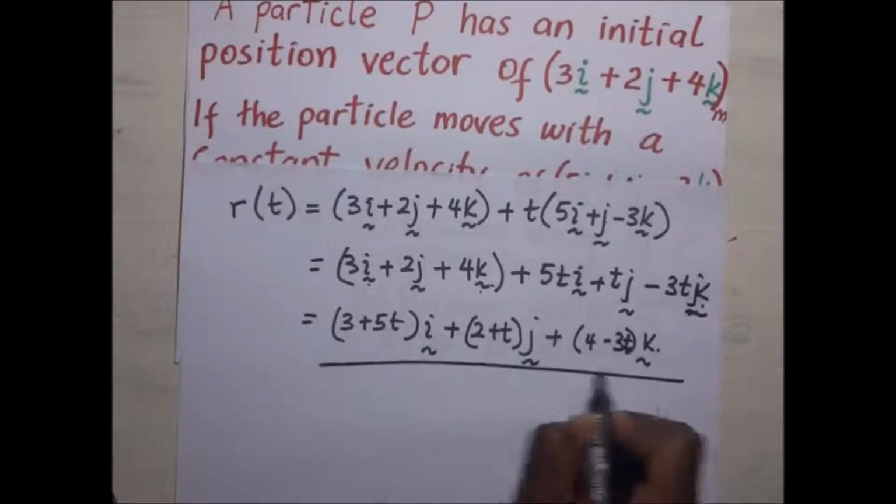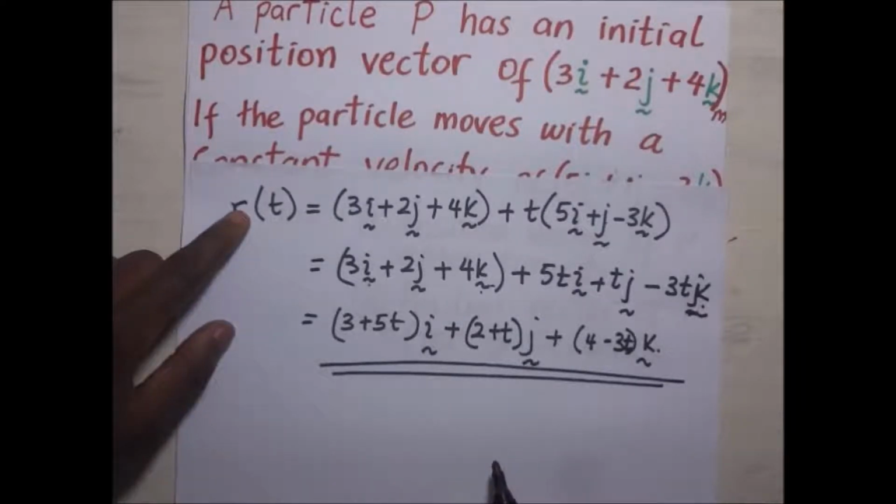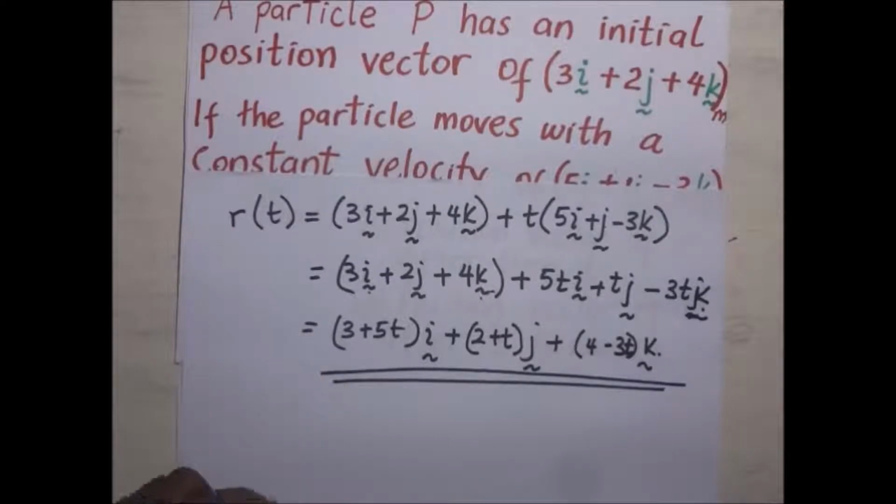And definitely this is now the general expression in ij notation for the position vector of this at any time t.